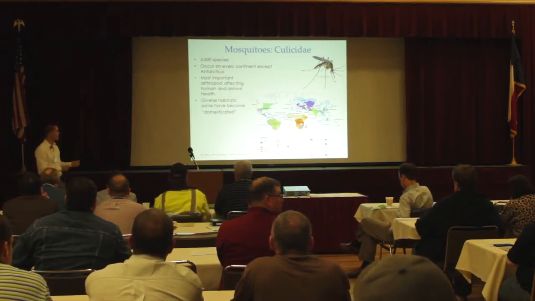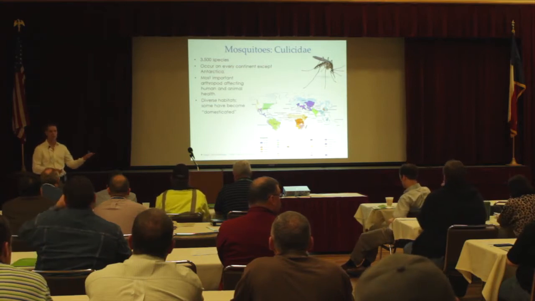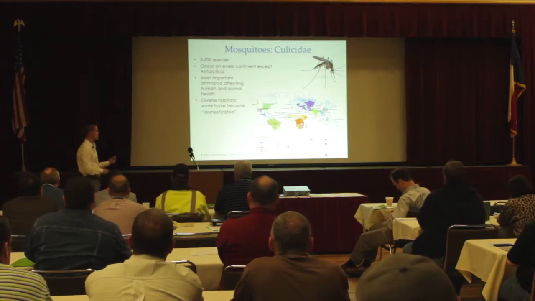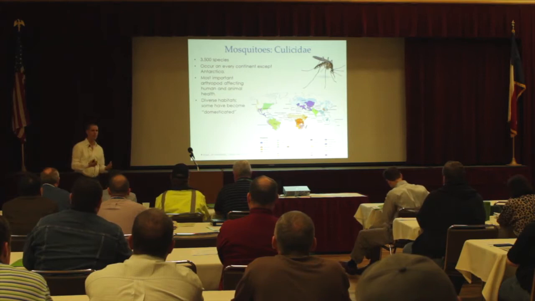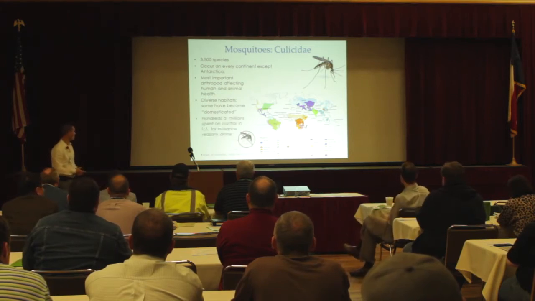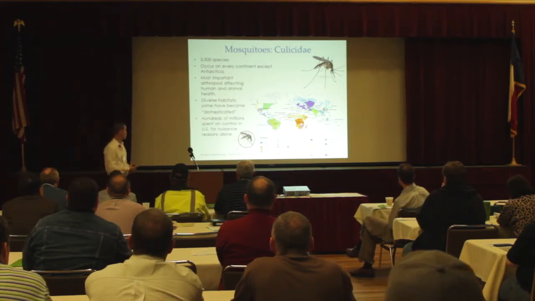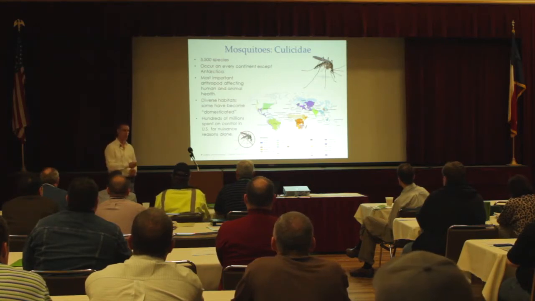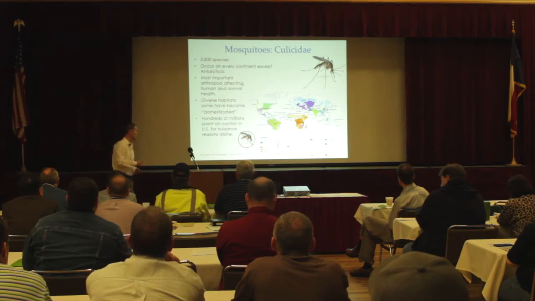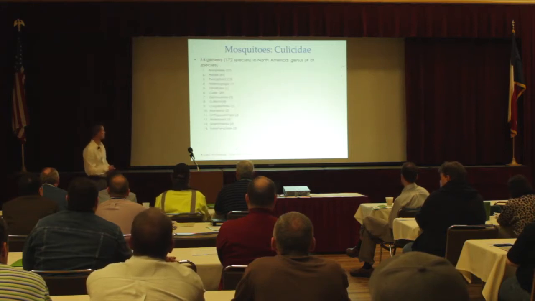That's true for West Nile virus, malaria, and dengue virus. Those are all driven by vectors that really thrive in the human landscape. And of course, for these reasons, a lot of resources are used to reduce mosquito populations, not just for these vector-borne diseases, but also separately for nuisance reasons alone.